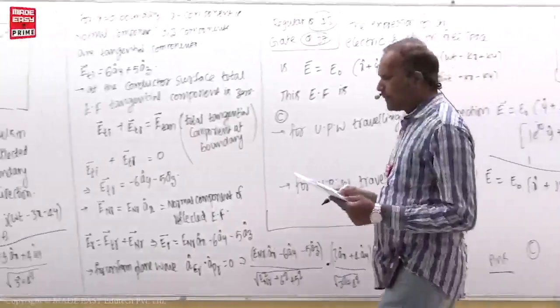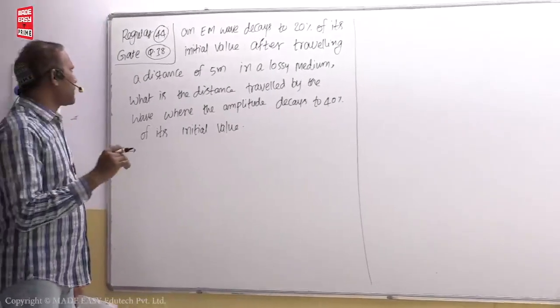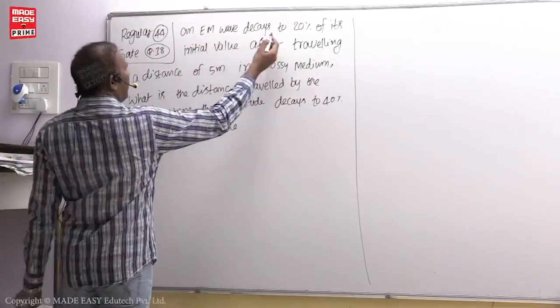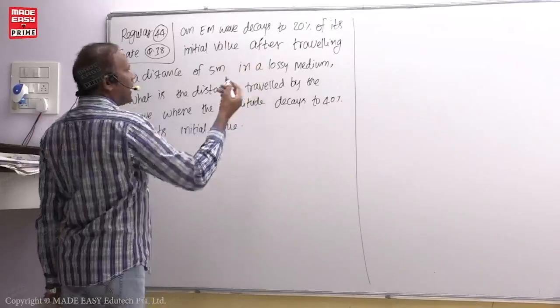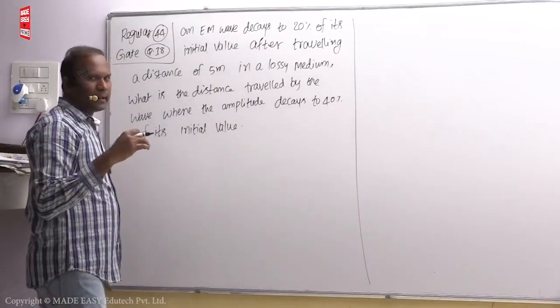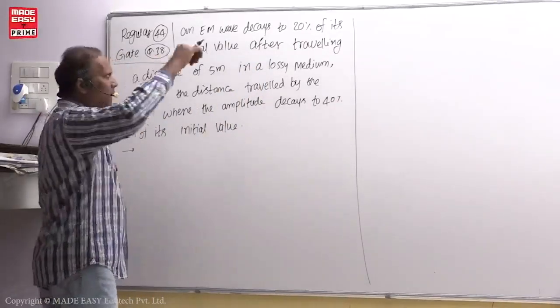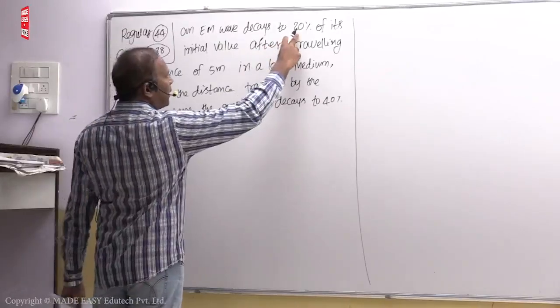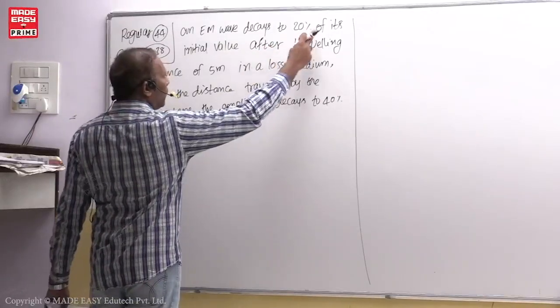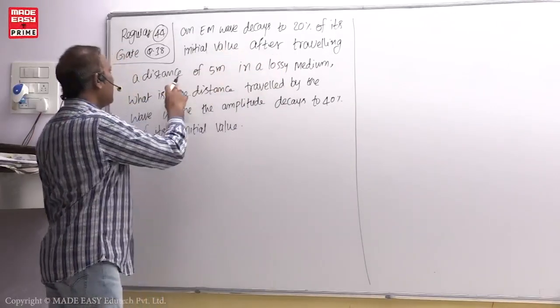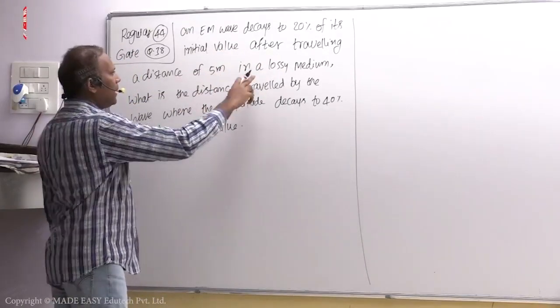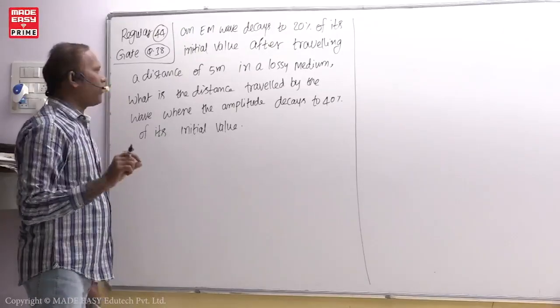Now next question. So students, let us see this question. An EM wave decays to 20% of its initial value. Decays to means it decreases and that much remains. So 20% means 0.2 of its initial value E_i0, after traveling a distance of 5 meter in a lossy medium. In a lossy medium means alpha is there.